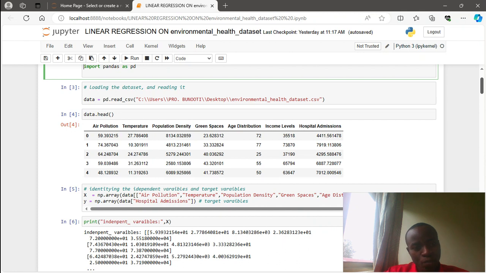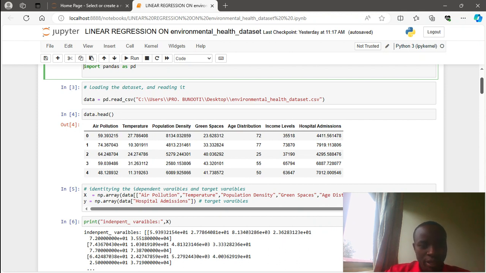Remember, the air pollution can lead to various respiratory disorders like asthma and lung cancer and so forth. So these are the variables which are going to make the hospital admission either increase or decrease.